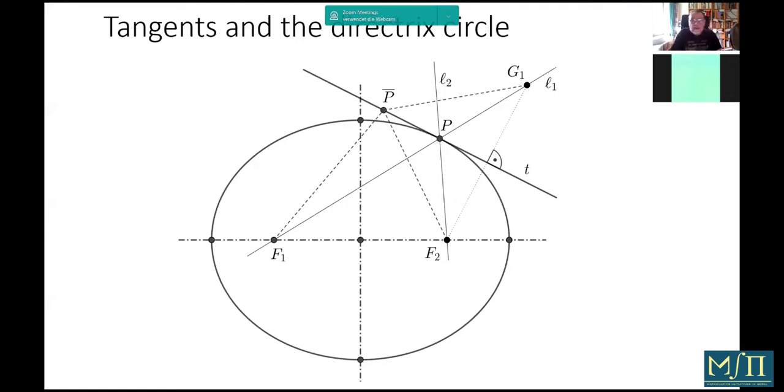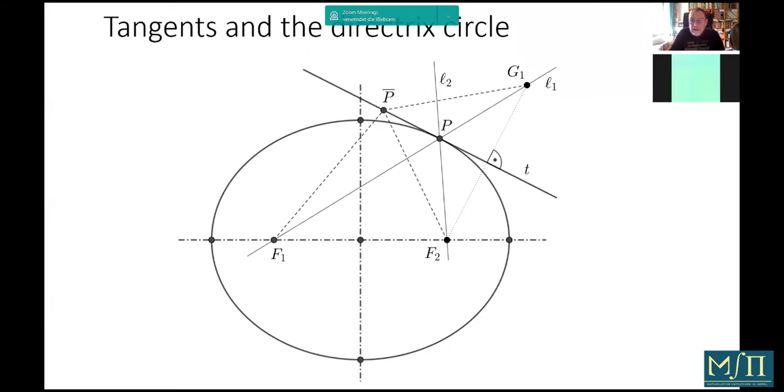Now, we consider for a moment the point G1 that I've added here in the picture. The point G1 is the point symmetric to F2 with respect to T. So that's why there's a right angle noted here on the line orthogonal to T through F2, and the distance from G1 to this line T is equal to the distance from F2 to T. Of course, that means that the distances from P to F2 and from P to this point G1 will also be equal.